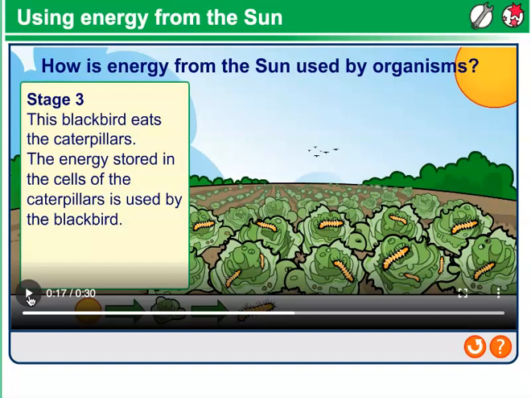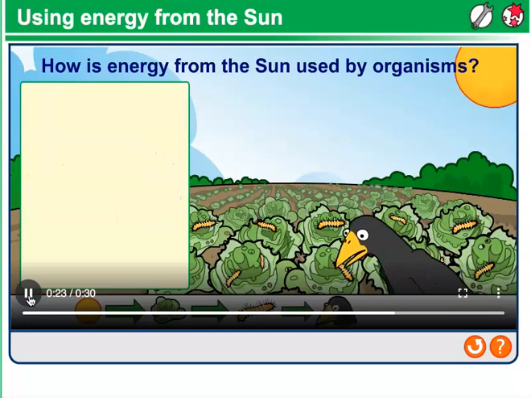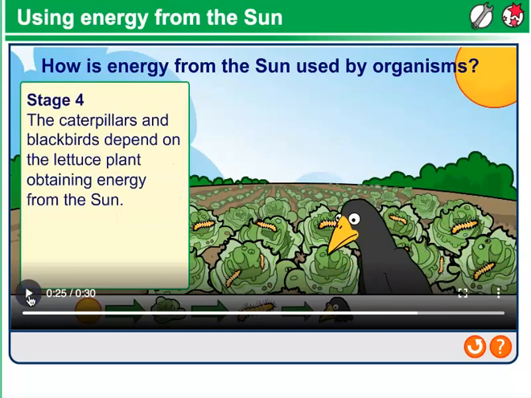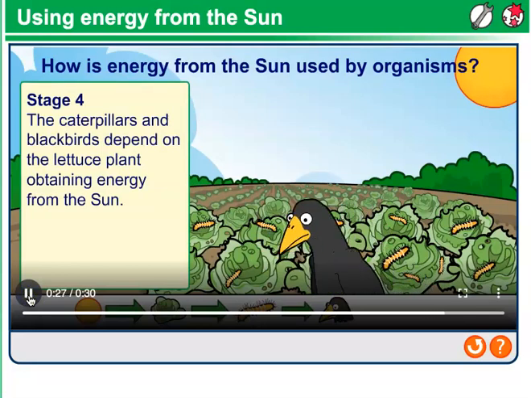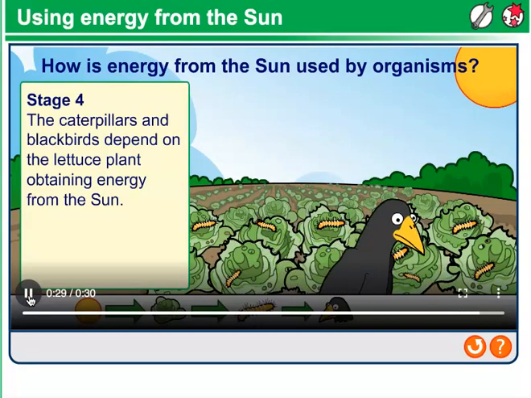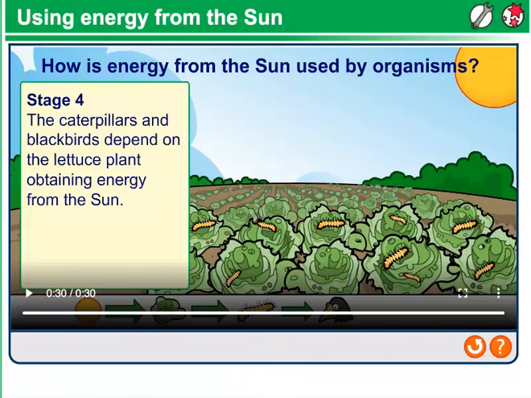Blackbirds eat the caterpillars, and the energy stored in the cells of the caterpillars is used by the blackbird. Stage 4, the caterpillars and blackbirds depend on the lettuce plants by obtaining energy from the sun. So ultimately, all energy production in all ecosystems starts with solar energy.